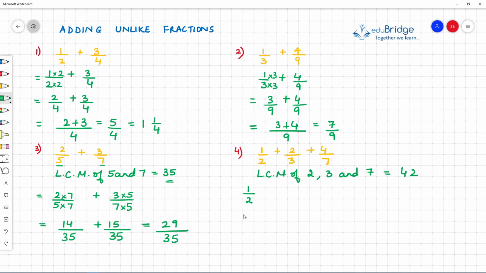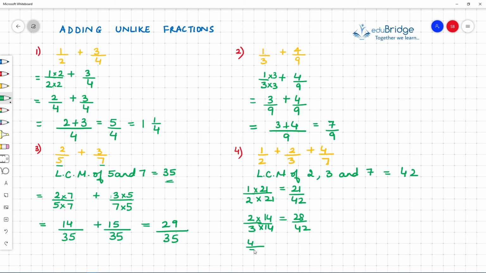The first one, 1 by 2, will be times 21, times 21, which is 21 by 42. 2 by 3 will be times 14, times 14, which is going to be 28 by 42.